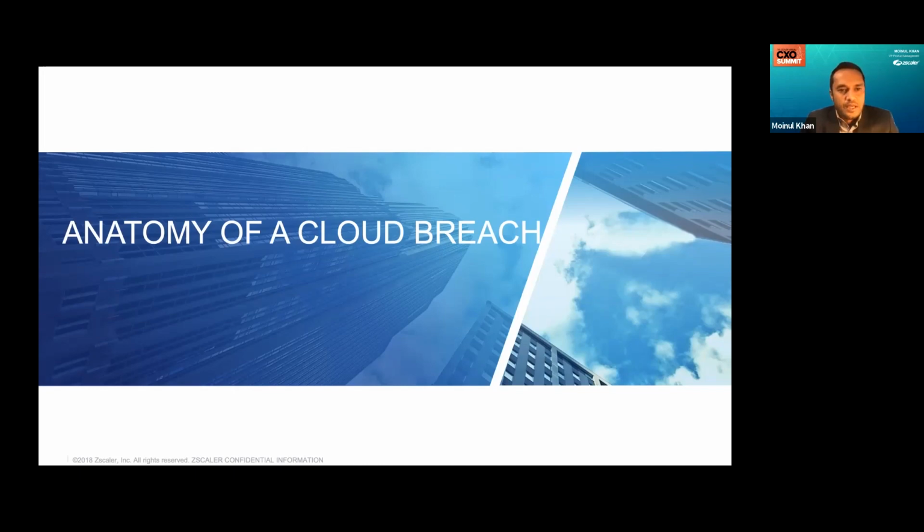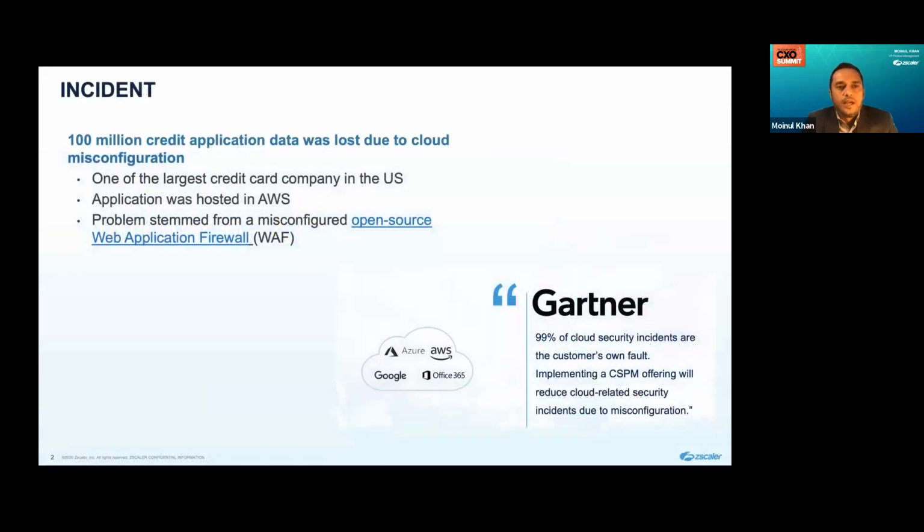I'm going to demonstrate how a simple cloud misconfiguration can cause a major data breach. Essentially, I'm dissecting an incident that we have seen in the industry back in 2019. The client was one of the largest credit card companies in the US.